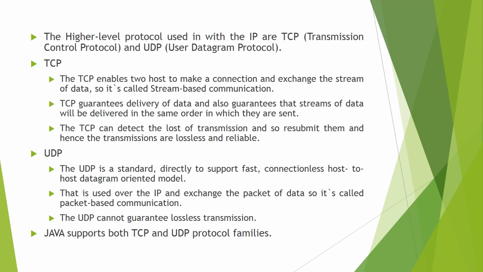TCP guarantees delivery of data and also guarantees that the stream of data will be delivered in the same order in which it was sent. TCP can detect the loss of transmission and also resubmit it, and hence the transmission is lossless and reliable.